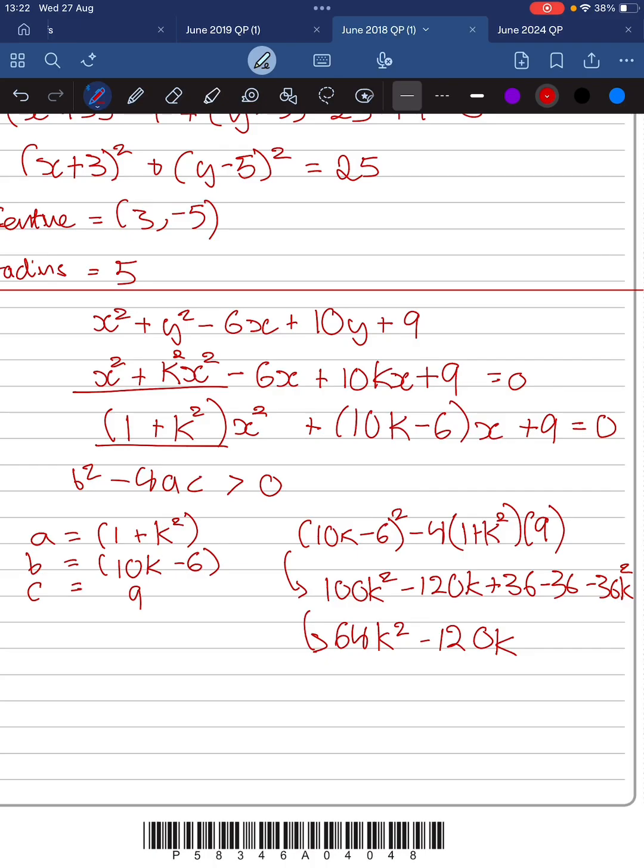And you would be given the values instantly. So if we put this in calculator, we would be given the values for k, because instead of putting k, we can put x in the calculator. It's still the same, it's still an unknown. Okay, we would get k equals 15 over 8 and k equals 0.